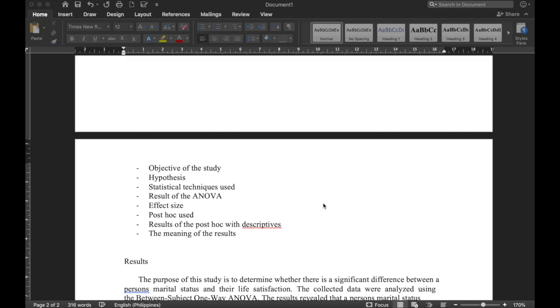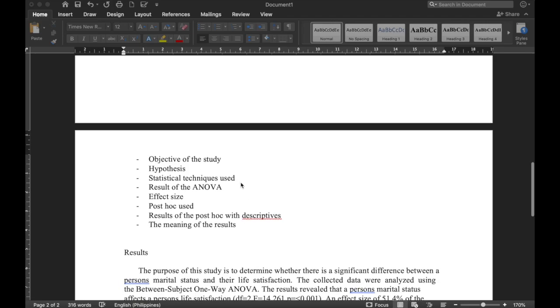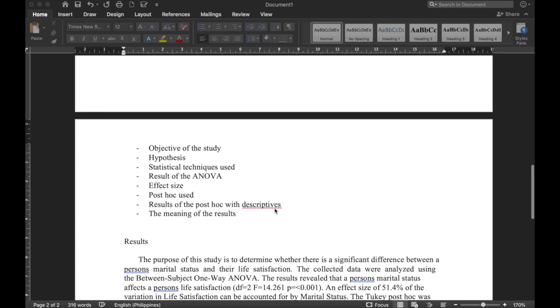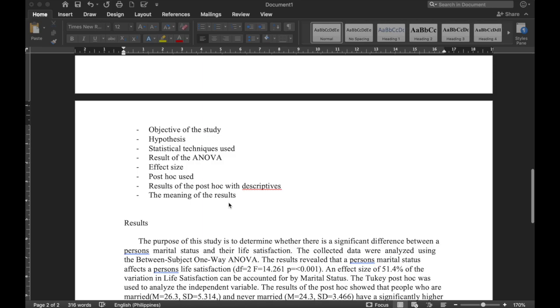So I asked them to remind their reader of the objective of the study, to remind them of the hypothesis they forwarded, and to say what statistical technique was used to test the hypothesis, which is between subjects one-way analysis of variance, to talk about the result of that ANOVA, to talk about the effect size, and then mention or remind the reader of the post hoc used, and then to talk about the result of the post hoc together with the descriptives, and finally to write a sentence that is describing the meaning of the results.